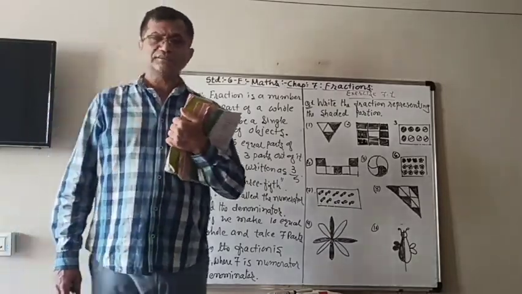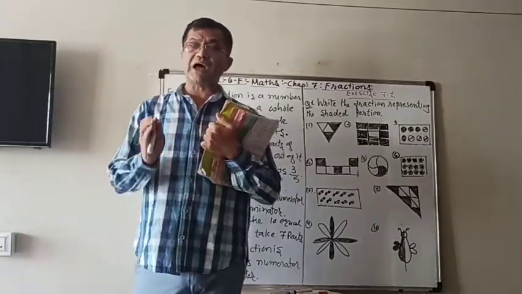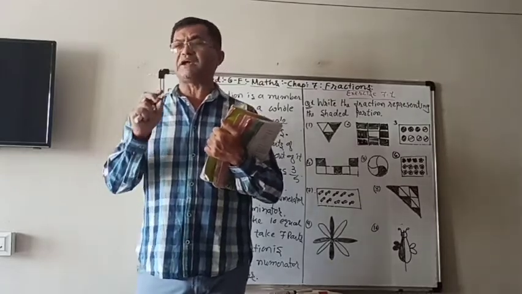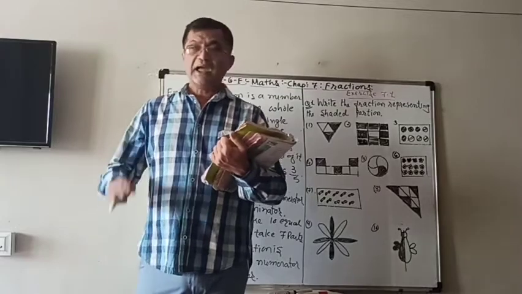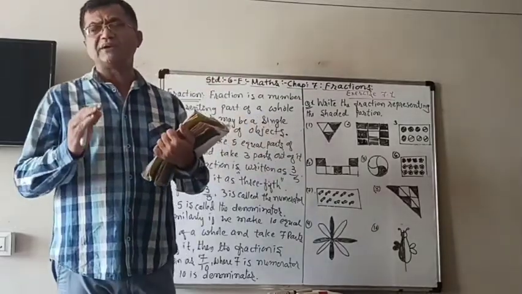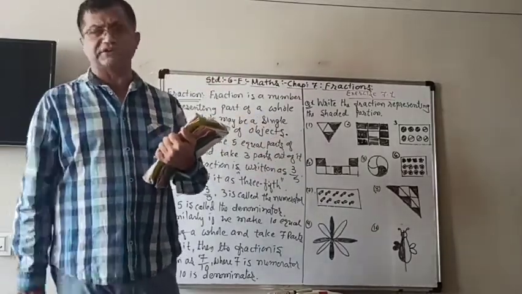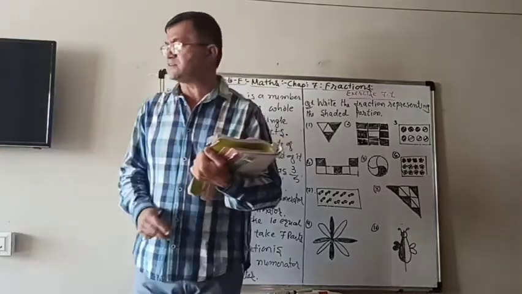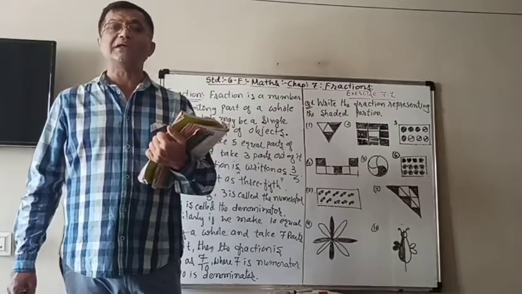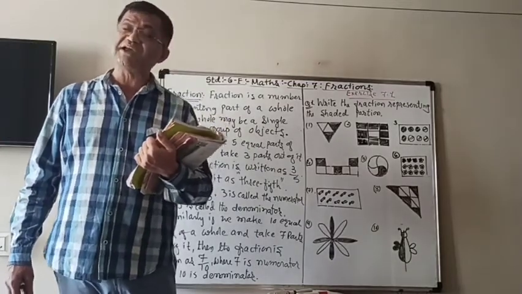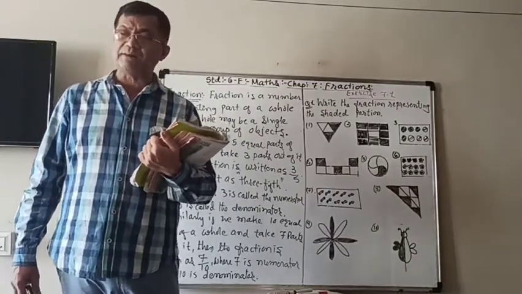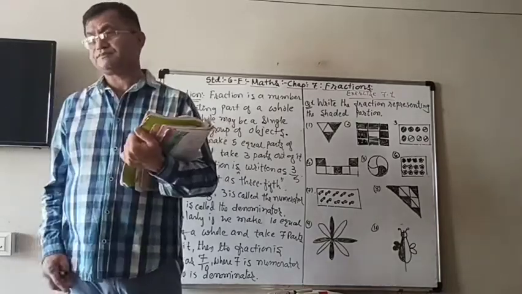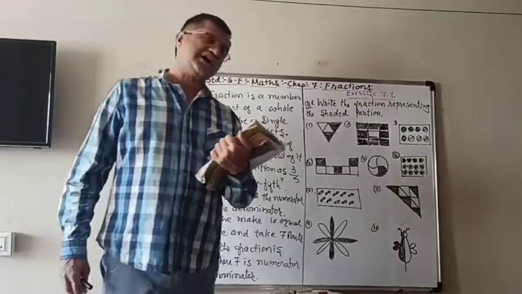So first of all, we have to find out how many total equal parts are made in the figure. Then that number will be written in the denominator. And then we have to count how many of those equal parts are shaded, and that number will be written in the numerator. So let's start.